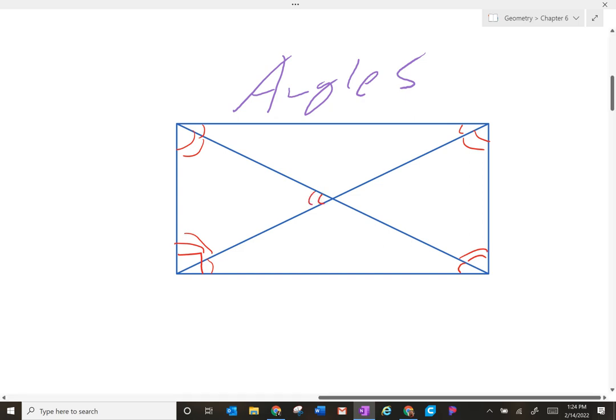And another one, if I have this angle right here, using the vertical angle rule from chapter 3, that tells me that this one, straight across from it, is the exact same set of degrees.